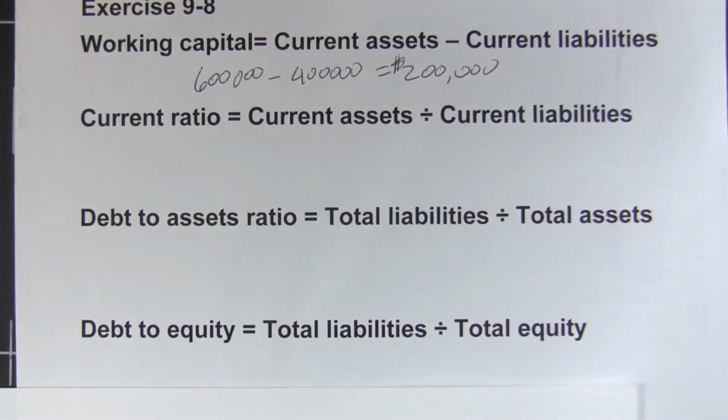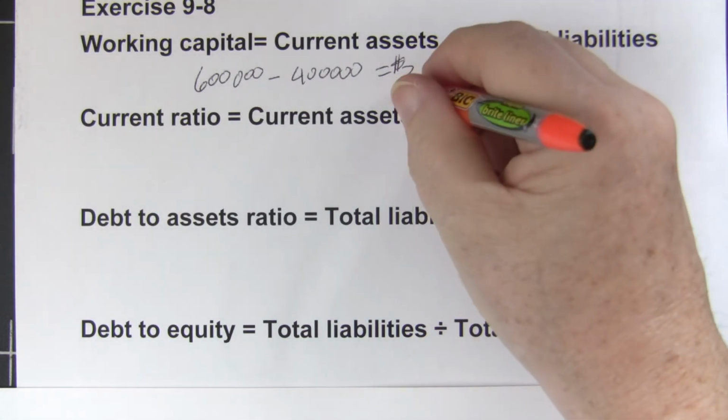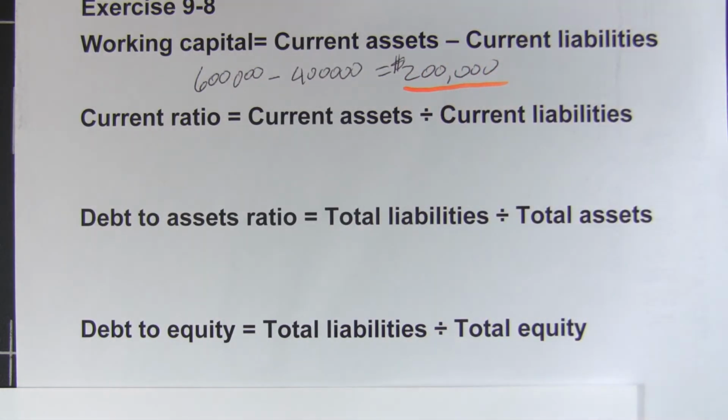But the important part about that is not the number, it's what the number means. The number itself is just a number. Age is a number. Any number can win or lose. 200,000 says we have $200,000 of capital that we can use to take advantage of opportunities for expansion.